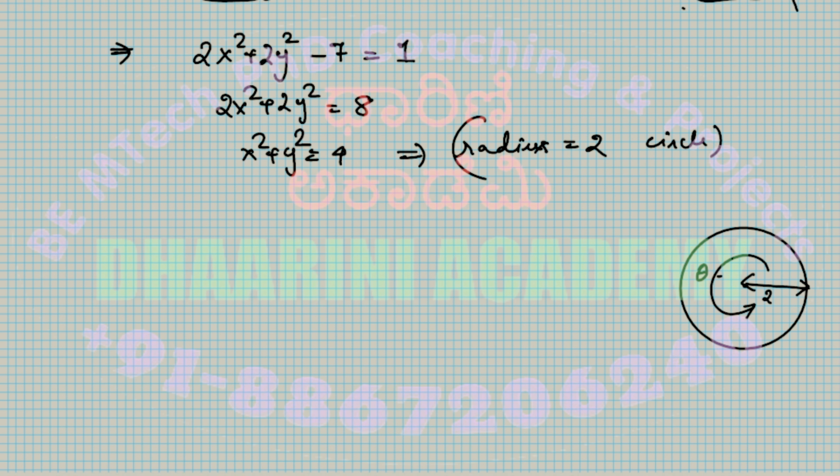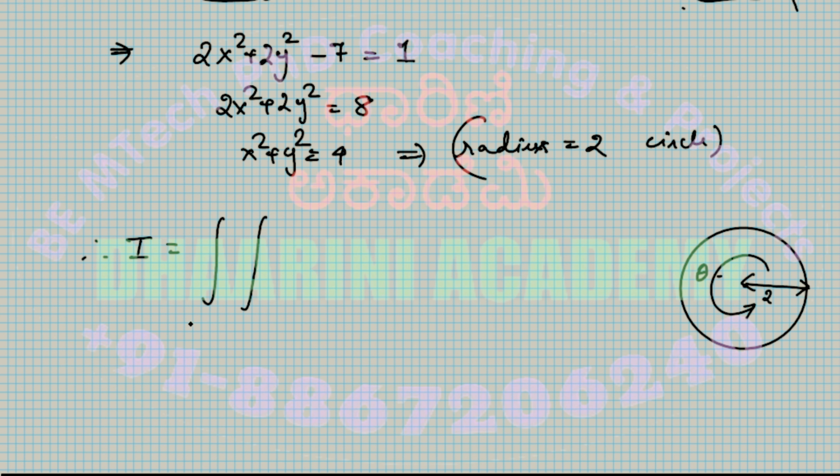Are you okay? So let's write the required integral I. First, theta always comes as the last integral, so theta is equal to 0 to 2 pi, then r is equal to 0 to 2, then with respect to z, which starts from the lower one, 2r square minus 7, till 1.